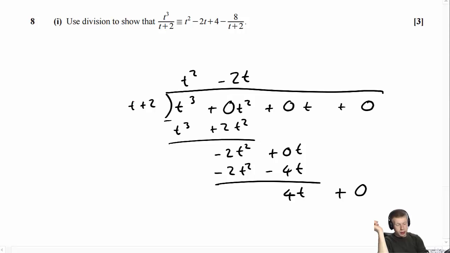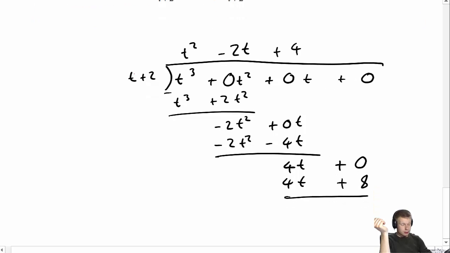And then finally I ask, how many times does t go into 4t? Well, it goes in 4 times, but obviously it doesn't go in exactly. So I multiply this 4 by t plus 2 to find out what gets carried over. So it becomes 4t plus 8. Then I subtract to find out what's going on there.